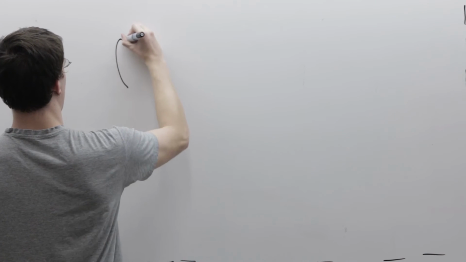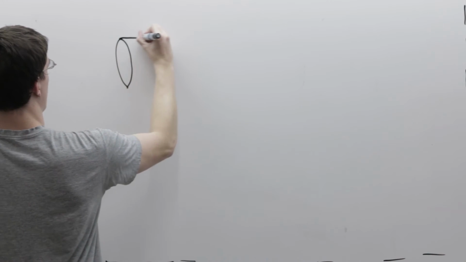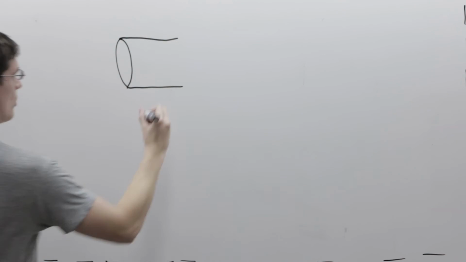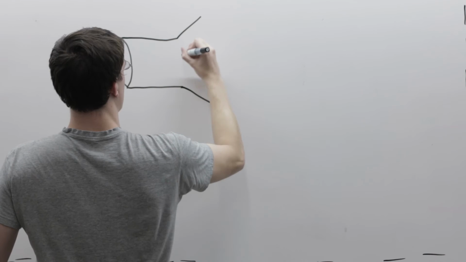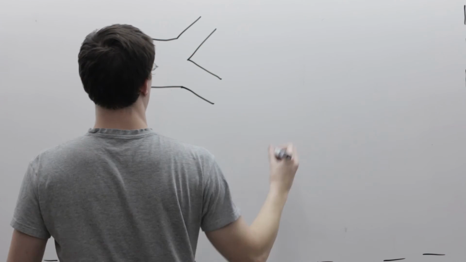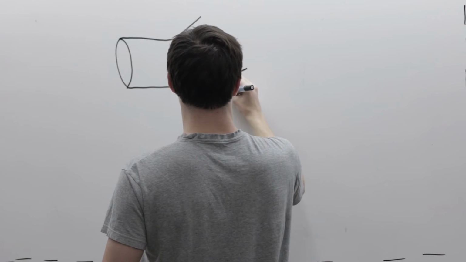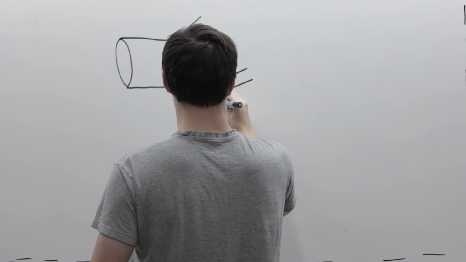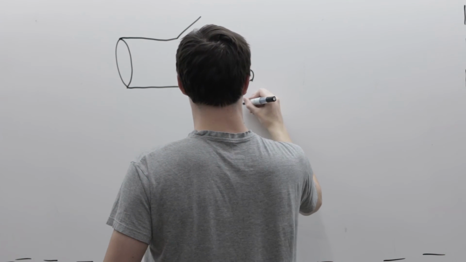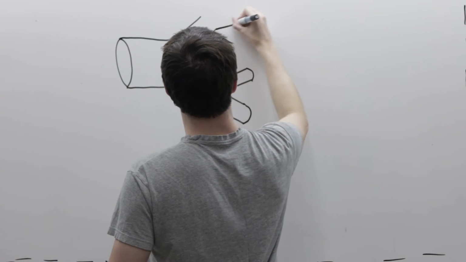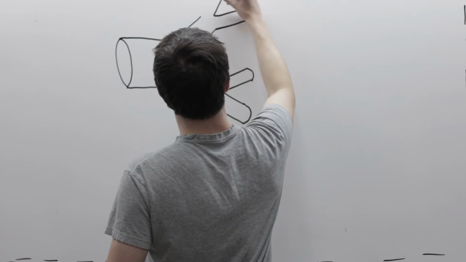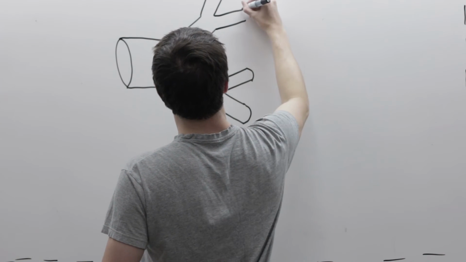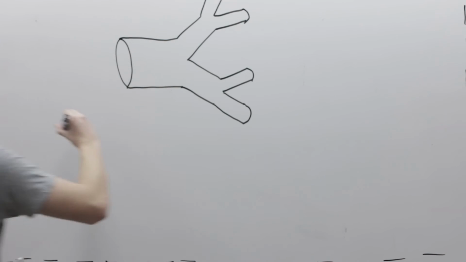And this means that when we have branching of flow from a large vein or a large artery here to multiple smaller ones here and here to multiple even smaller ones, the flow has to maintain this relationship.